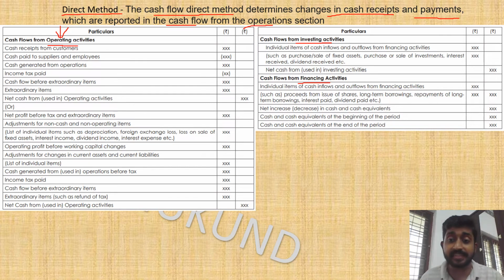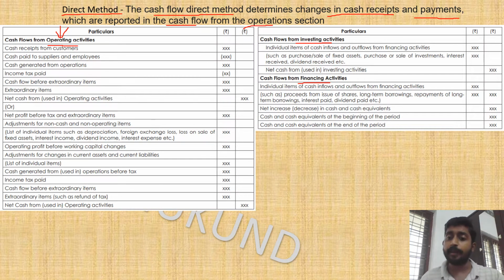Expense is different, cash flow is different. What is the difference between expense and cash flow? If I buy some consumable for my factory for 10 rupees and pay immediately, then it is an expenditure and the cash flow has happened for that expenditure.